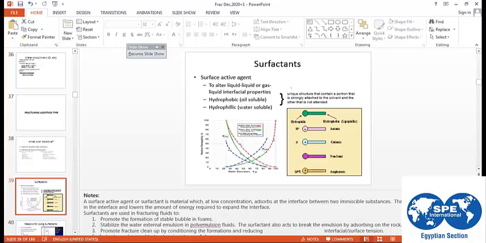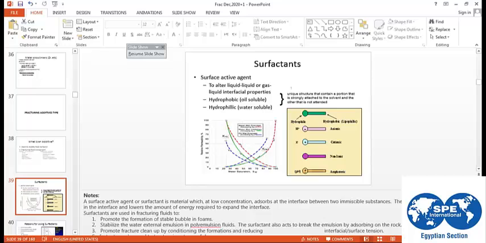As we said, each one of these additives has a certain function. So first of all, you should have XRD to have a composition of what minerals you have inside your reservoir rock.